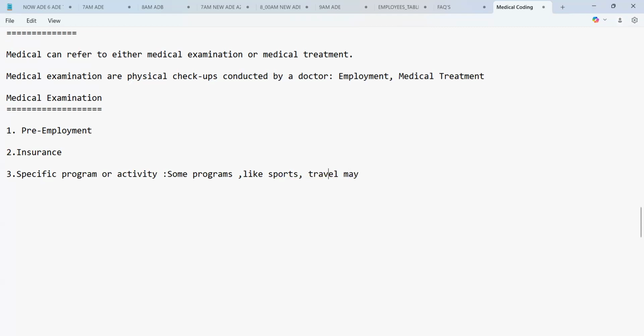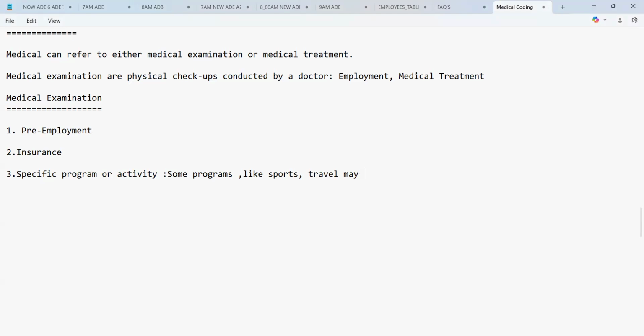If you want to be a sportsman, or if you want to travel from one country to another country, like we had in COVID-19, we need to have a medical certificate stating that you are not affected with COVID-19. Am I right?